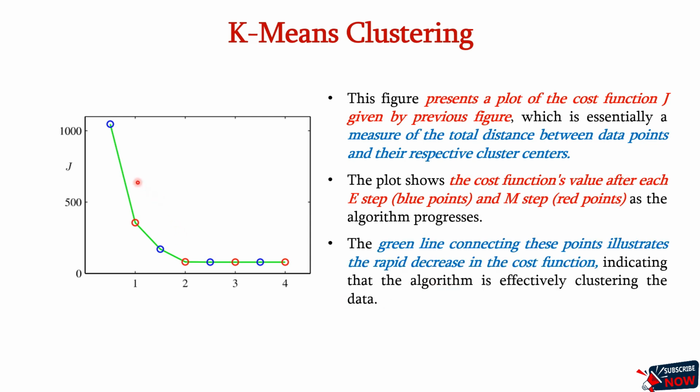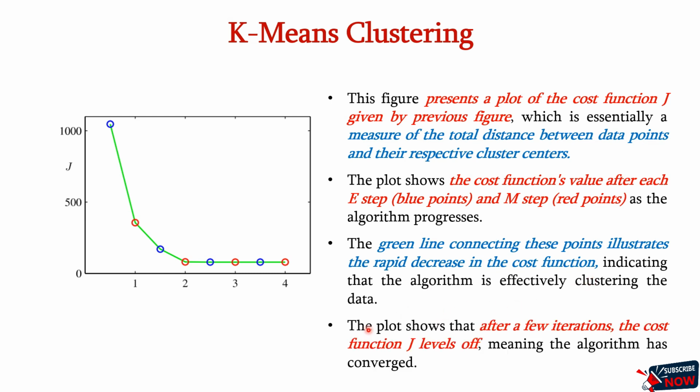The green line connecting these points illustrates the rapid decrease in the cost function, which indicates that the algorithm is effectively clustering the data. The plot also shows that after a few iterations, the cost function J levels off, as shown here. It means that the algorithm has converged.